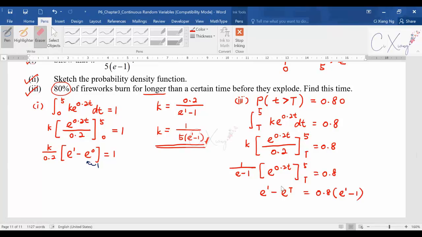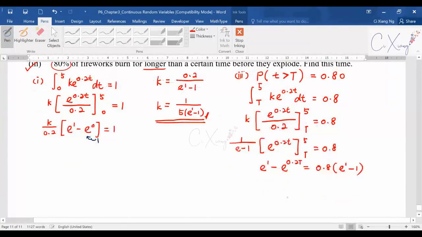Sorry, there's an error here. This one should be 0.2t. If you bring it to the other side, you have e^0.2t equals e^1 minus 0.8 bracket e^1 minus 1. After that you have to take the ln.